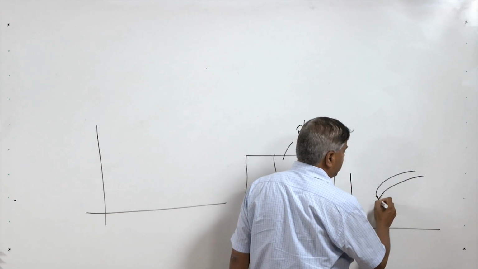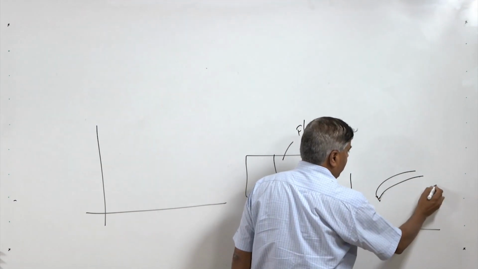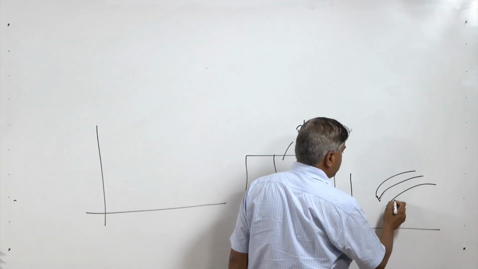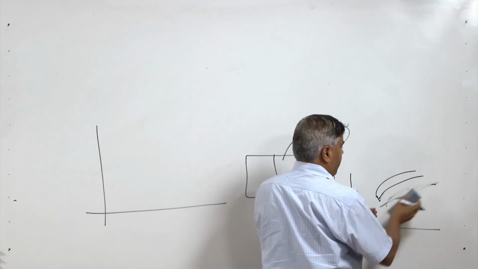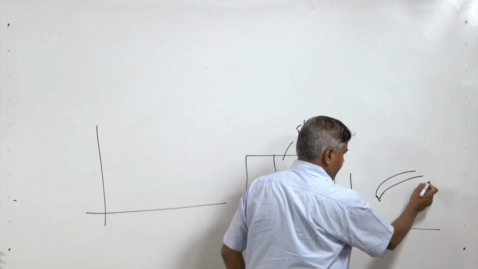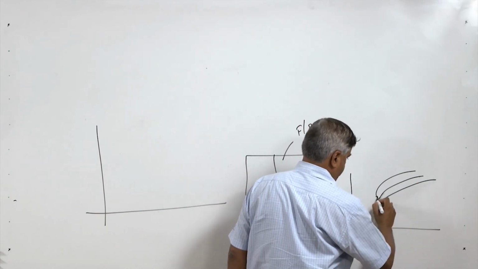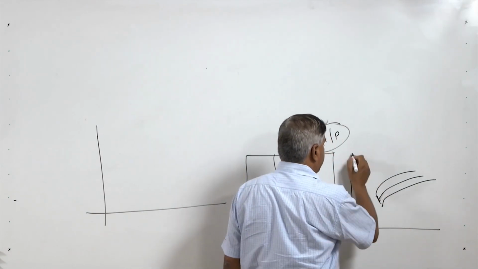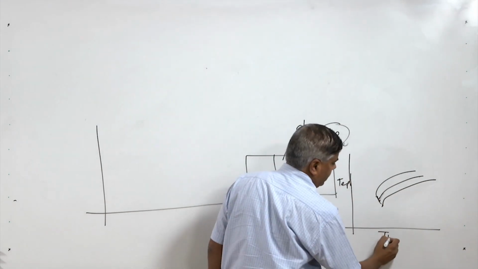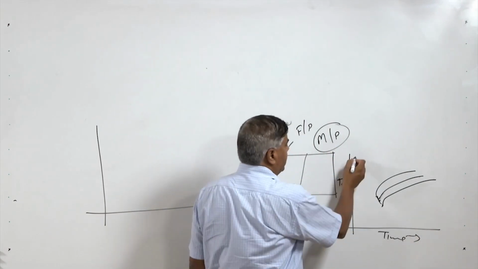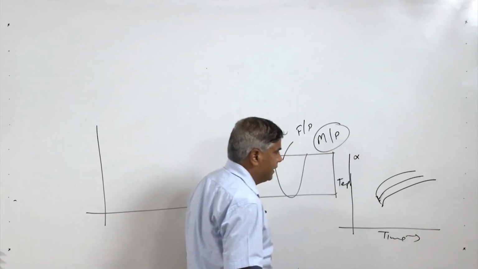So, if the CCT diagram goes in here like this, here our temperature, here we have time, and this is our austenite at high temperature.